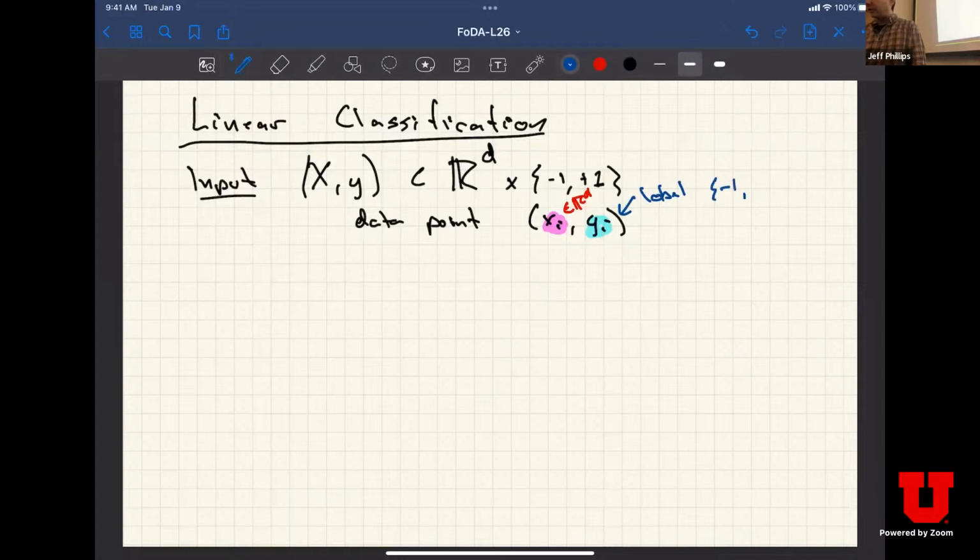There are two classes, and we're going to label them +1 and -1. You could label them anything: win, lose, whether someone buys a product or not. But we're going to label them +1 and -1, and that's going to allow for a convenient form to think about. So the output of the classifier is going to be a linear classifier.